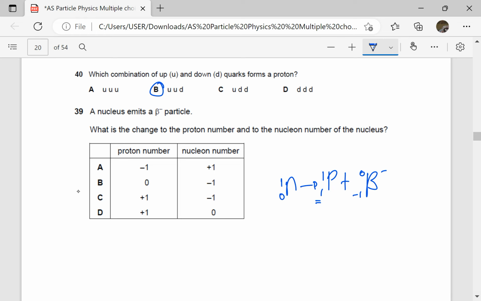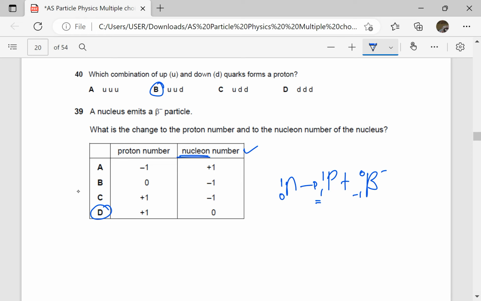Oh, what is given here is nucleon number, not neutron number. So proton number increases by 1. But since the neutron number reduces by 1, the nucleon number does not change. So the answer here is going to be D.